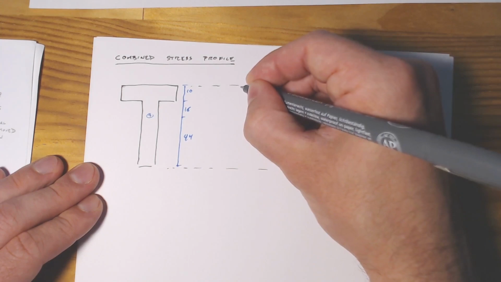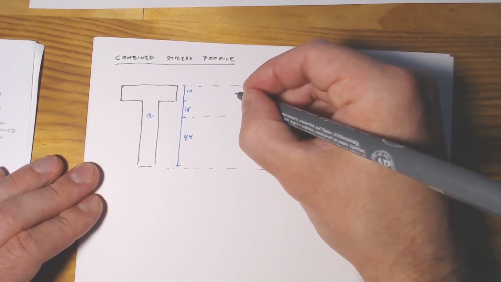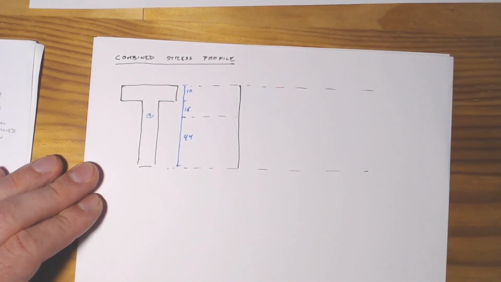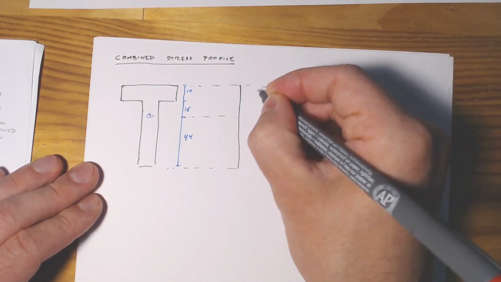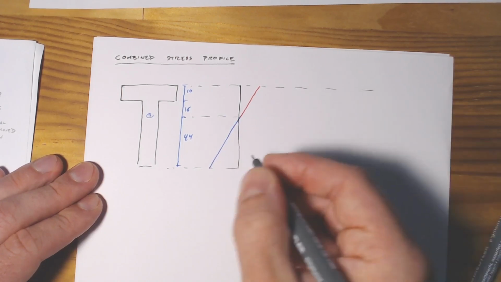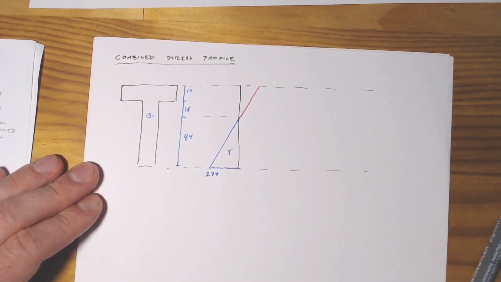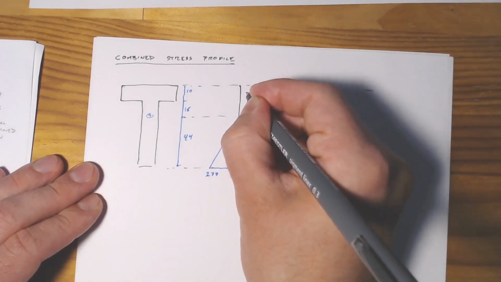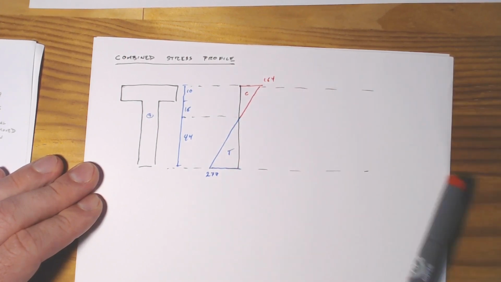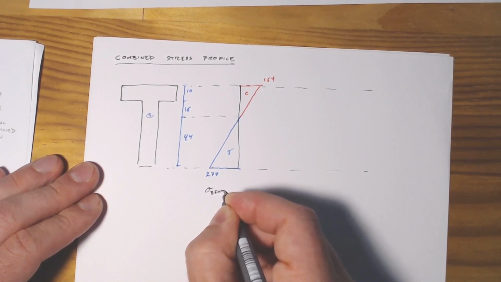So this is simply going to be our stress due to bending. And again, we'll bring our neutral axis over. So our stress due to bending, which we already worked out, was 164 at the top and 277 at the bottom. And this is our bending stress, sigma bending.